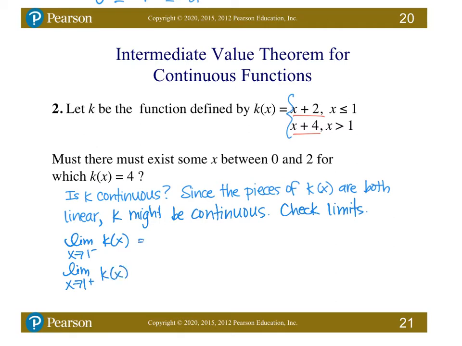1 from the left would be plugging in 1 minus plus 2. 1 from the right would be 1 plus 4. 1 minus plus 2 is 3 minus. 1 plus 4 is 5 plus. No. K of x is not continuous because the left and right hand limits don't match each other.